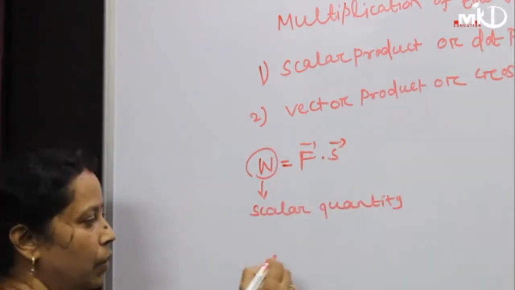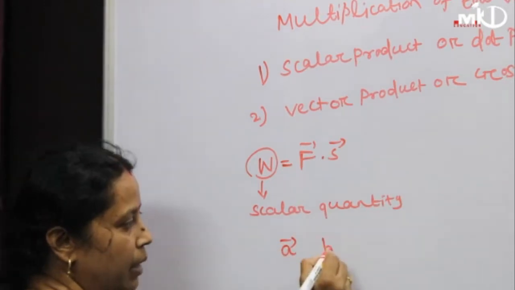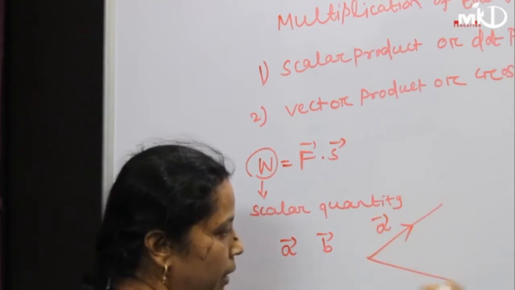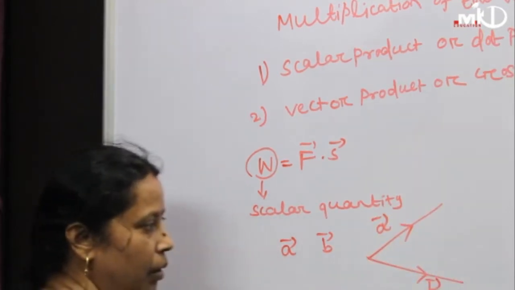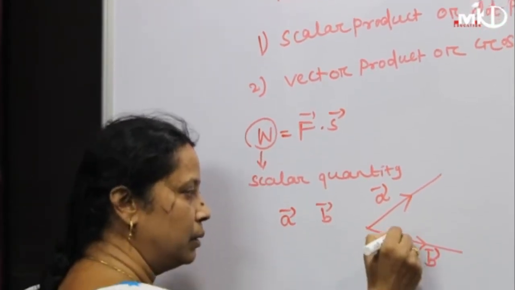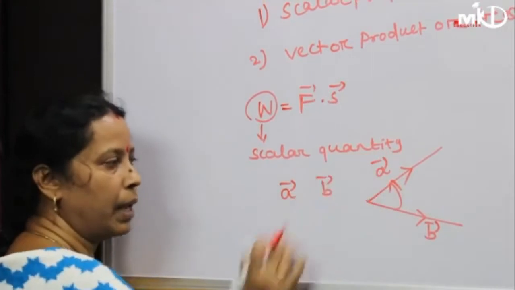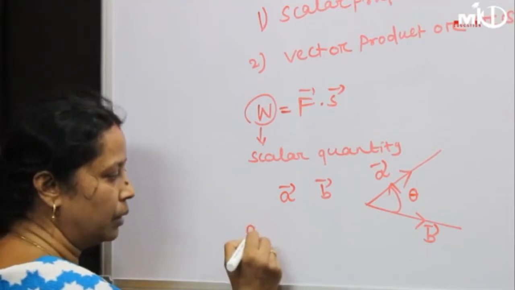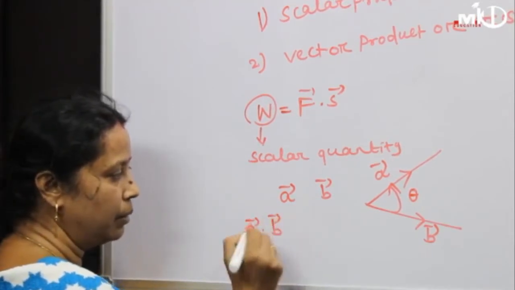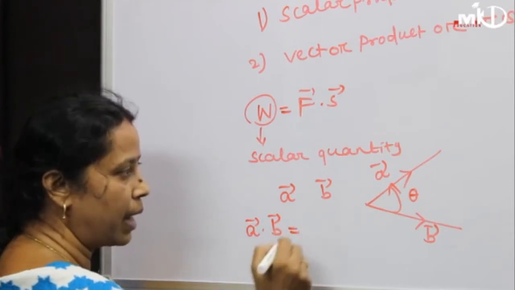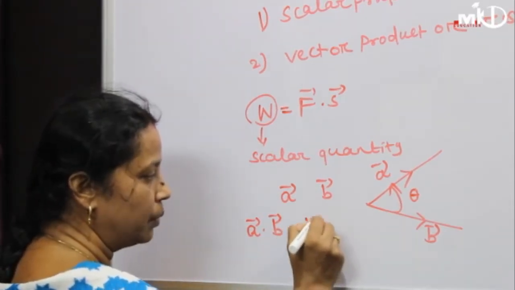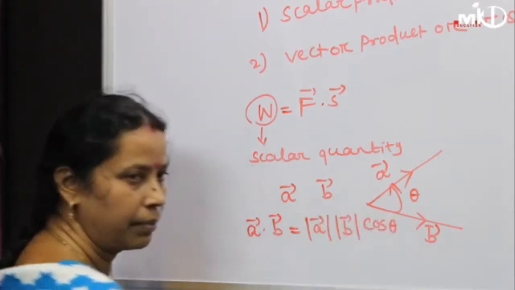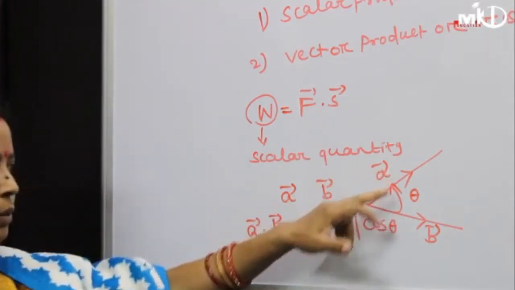So if we have two vectors a bar and b bar, and the angle from b bar to a bar is theta, then the dot product of these vectors, a bar dot b bar, is defined as the modulus of a bar into modulus of b bar into cos theta, where theta is the angle between the two vectors.